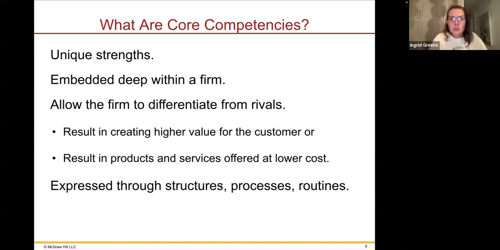This is expressed through the structures, the processes, and the routines. They also talk about this in the Five Guys case, where they spend years, almost decades, perfecting the structures, processes, and routines behind these customized hamburgers. We're going to look at another exhibit in two slides, a deep dive into structures, processes, routines, et cetera.